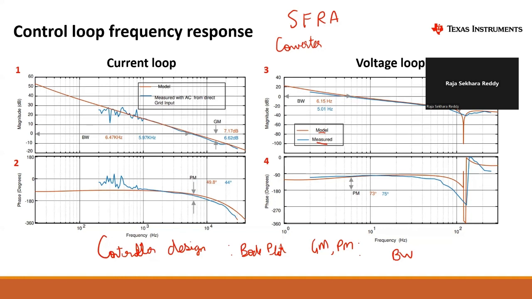You could either see it on the tool as a GUI, or you could download that data in a CSV file, and from that CSV file you can plot this and use it for designing your controller, etc. So this data we can get from the microcontroller itself. Yes. I haven't used it, but this feature is available from TI.